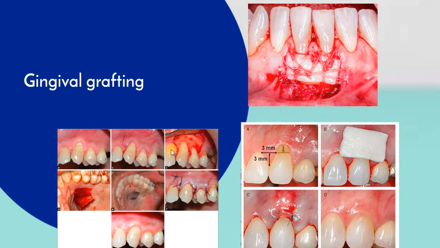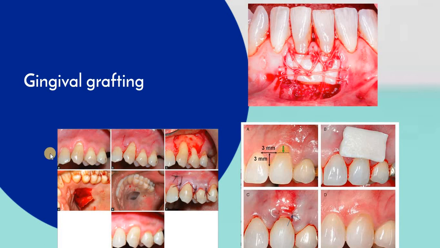And if we have a deficiency in the connective tissue, we have a good epithelium but we don't have enough connective tissue, so we take from underneath the keratinized epithelium of the palate the connective tissue and we graft it here at the site of the recession.